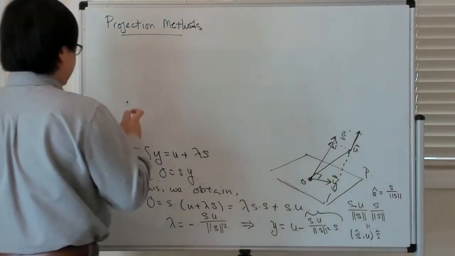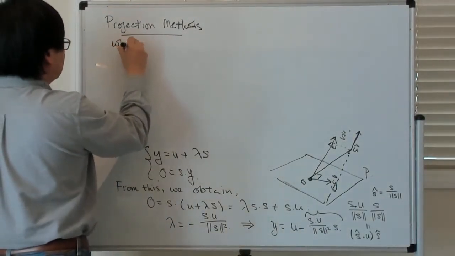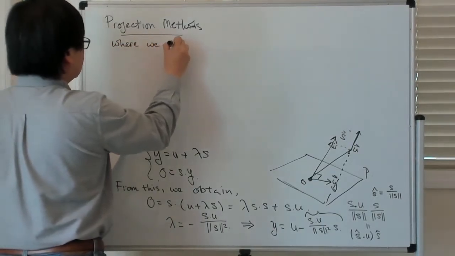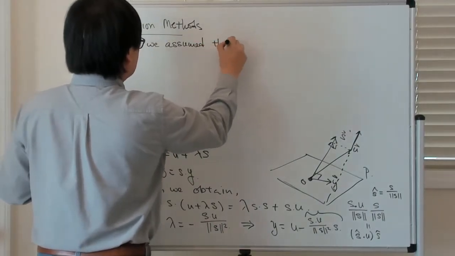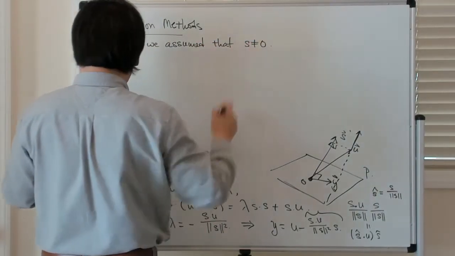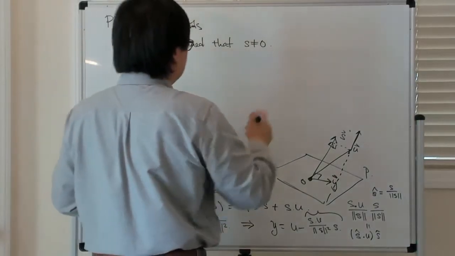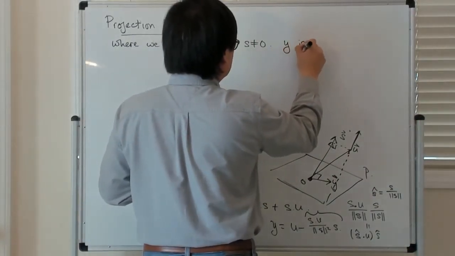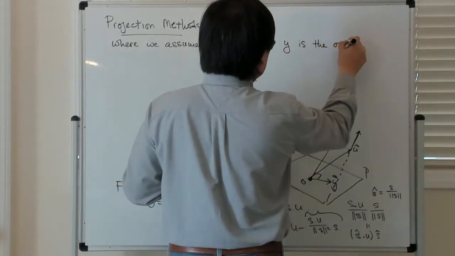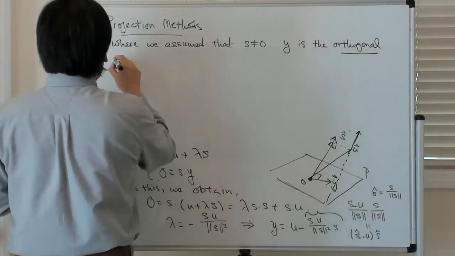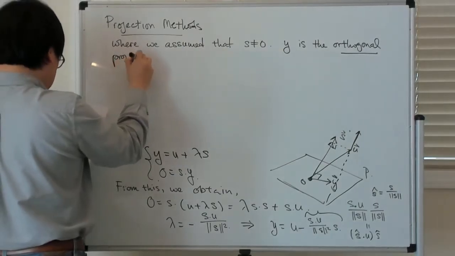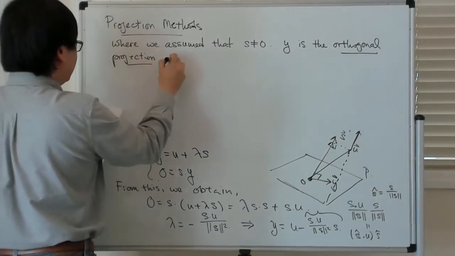So y then is the orthogonal projection onto the hyperplane.